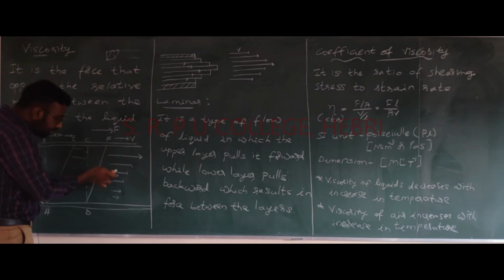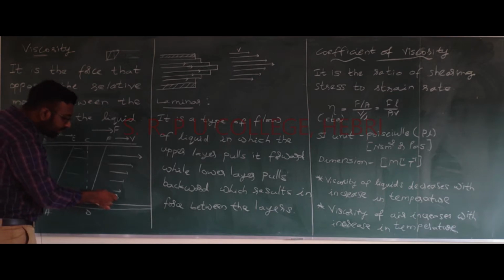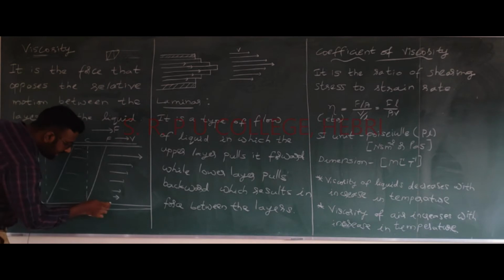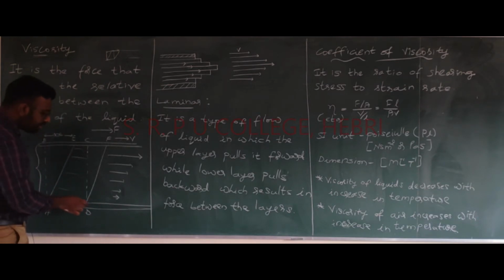As we go down to the bottom part, we see that the liquid velocity decreases, and finally whatever liquid is in contact with the lower surface will be stationary. So whatever liquid is in contact with the lower layer will be stationary.